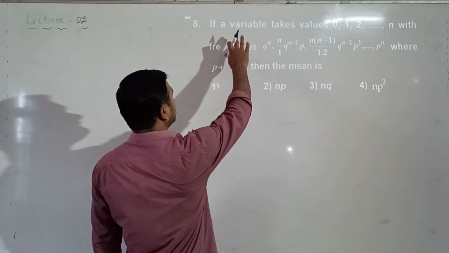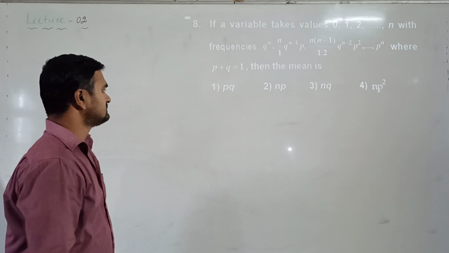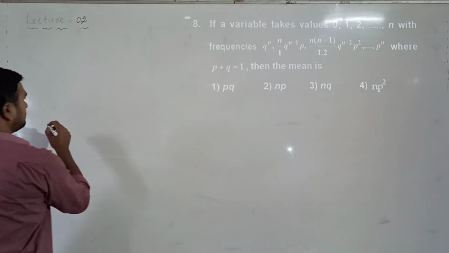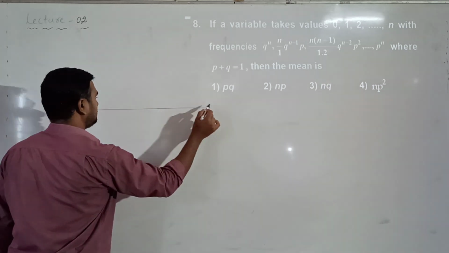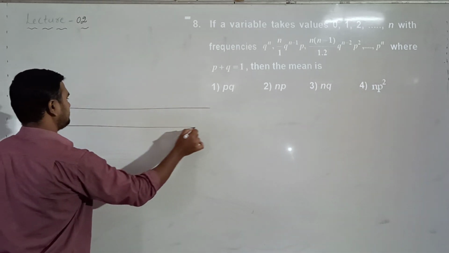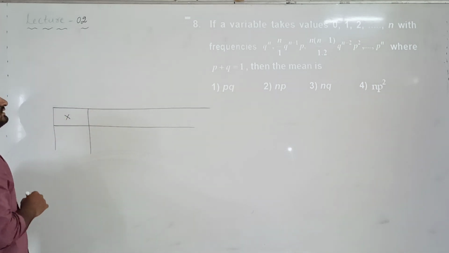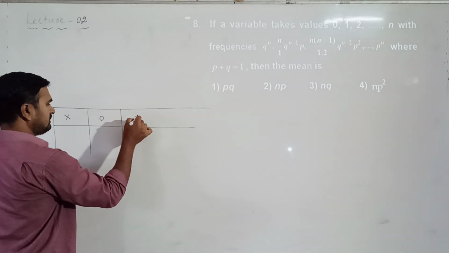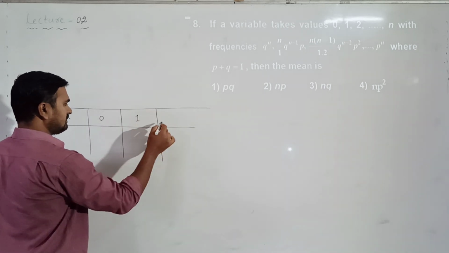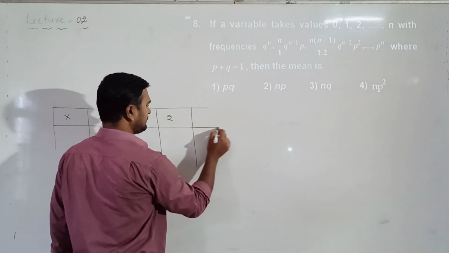Now the variable is taking the values 0, 1 up to n. Let us take this as a grouped distribution, because we are given observations and their corresponding frequencies. So variable x is taking the values 0, 1, 2 and so on up to n.